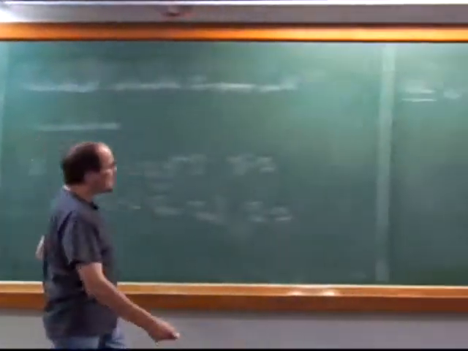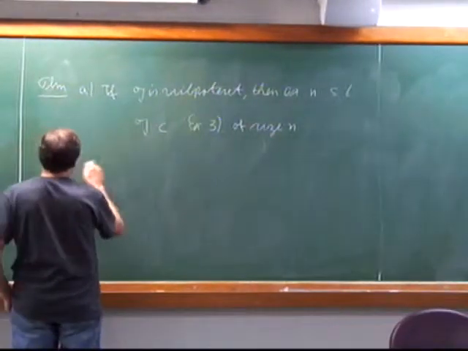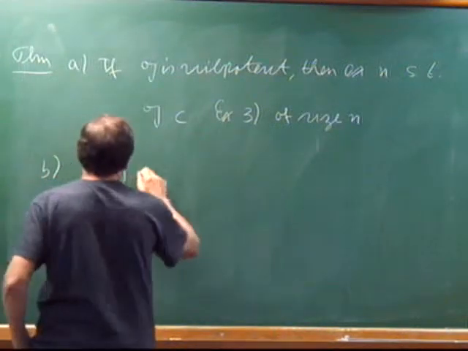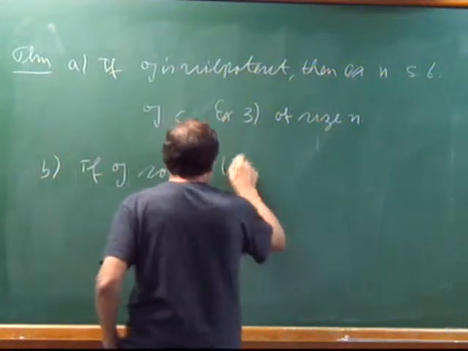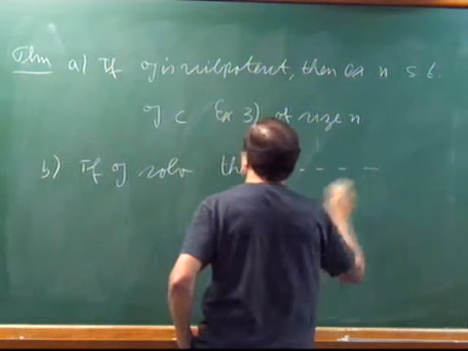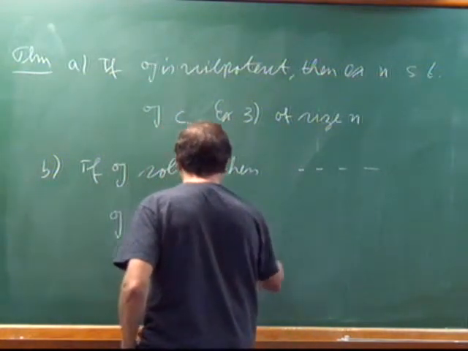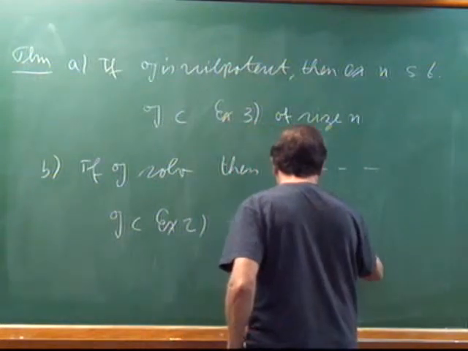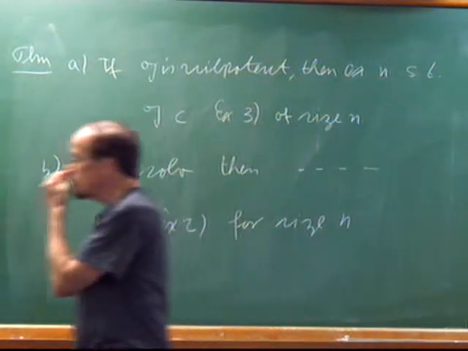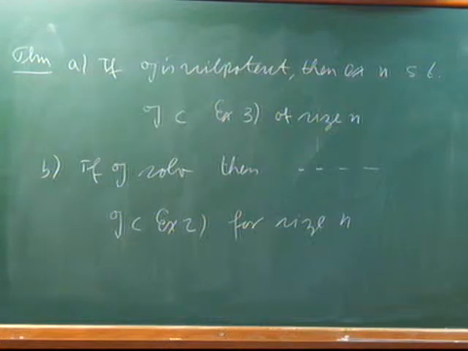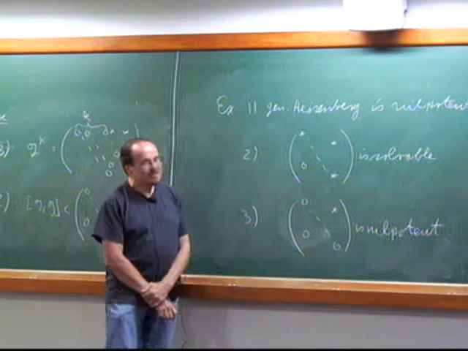And similar for the solvable ones. Then there exists an N such that G is contained in example 2 for size N matrices. You might think, well, now I know all nilpotent and solvable Lie algebras, right? They're all subalgebras of this one. I know this one. Well, that's misleading.